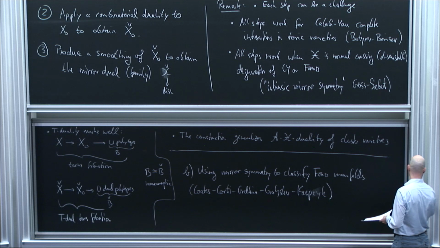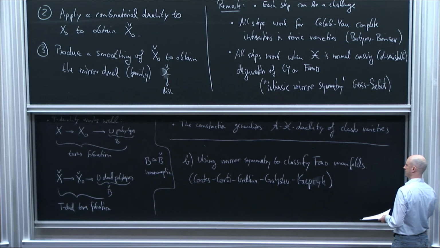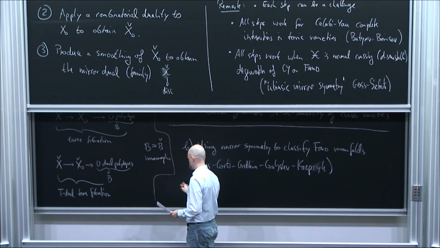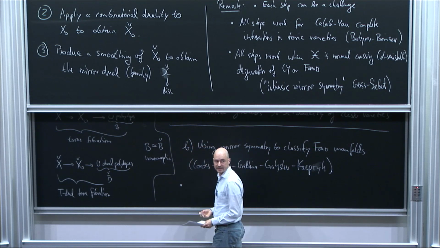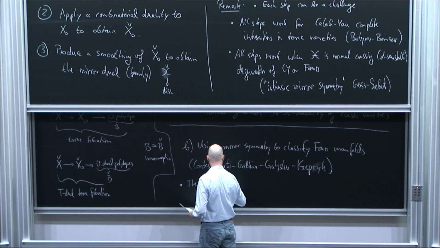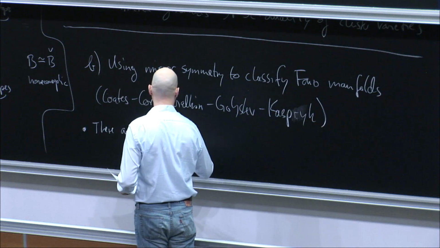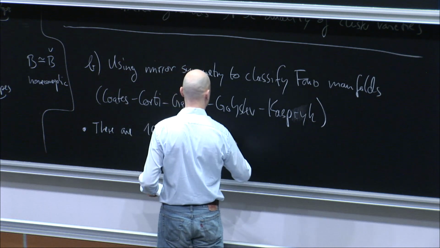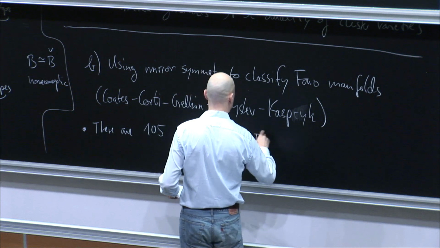Let me get this up here. So some fun facts about Fano manifolds. In dimension 2, these are just del Pezzo surfaces. That was a theorem by del Pezzo. There are 105 families of smooth Fano threefolds.